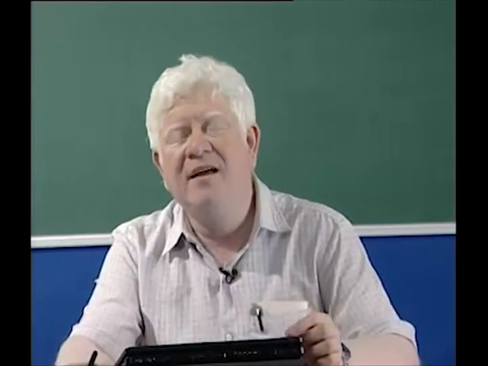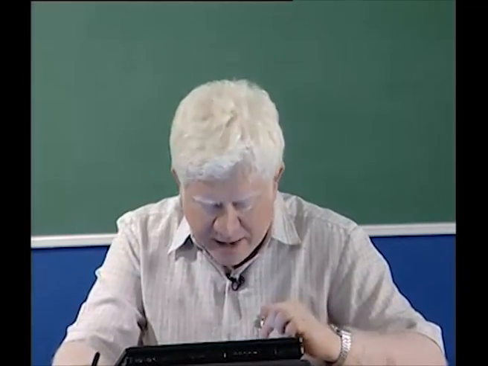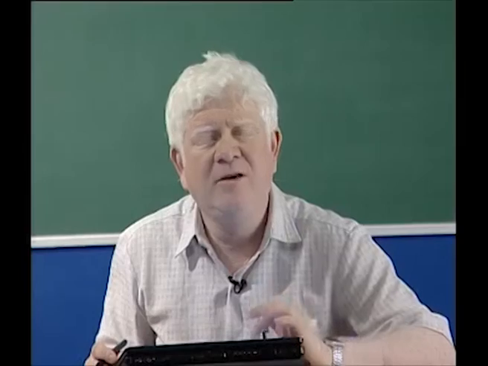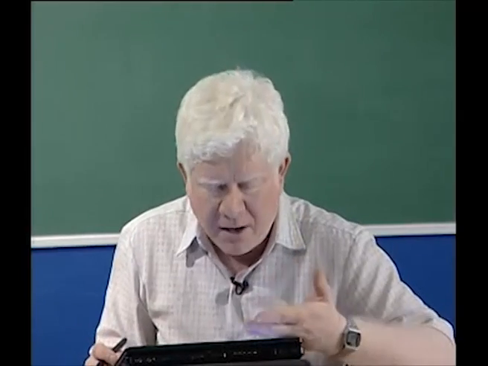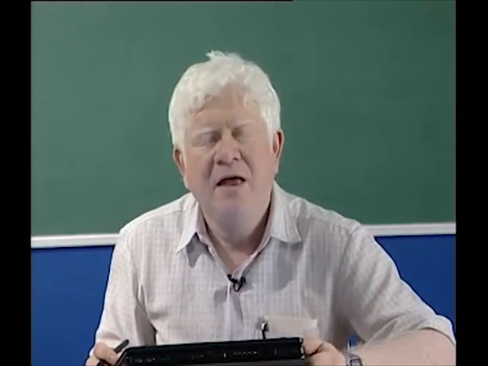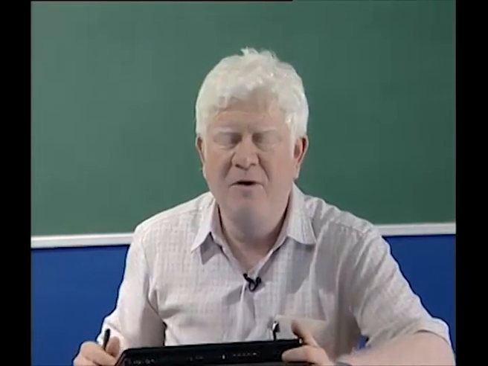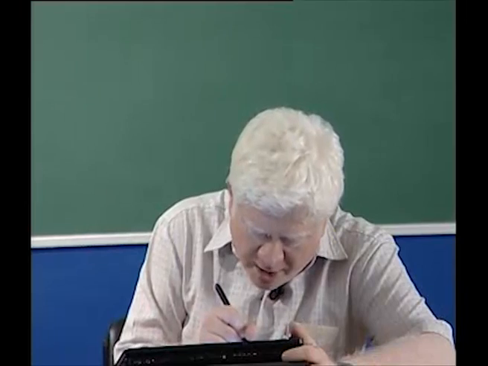Now, there is really no need to prove that under the operation of second differencing, the exponential still remains an invariant function. It automatically will, because as far as x dash n minus 1 or x dash n plus 1 or x dash n is concerned, this sequence is also nothing but an exponential sequence. And so, if writing x dash makes us uncomfortable, we will completely rename it and call it y n.